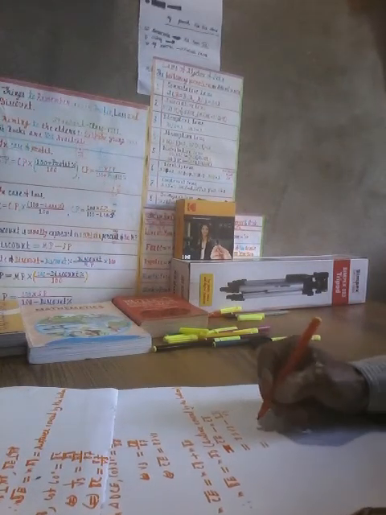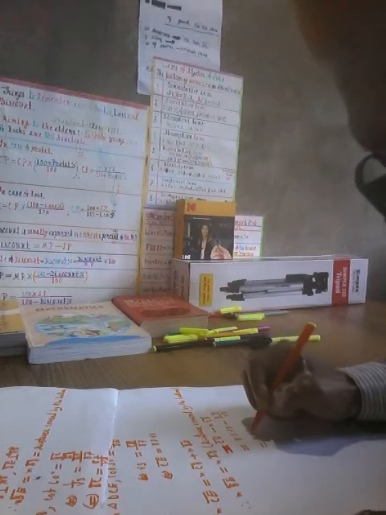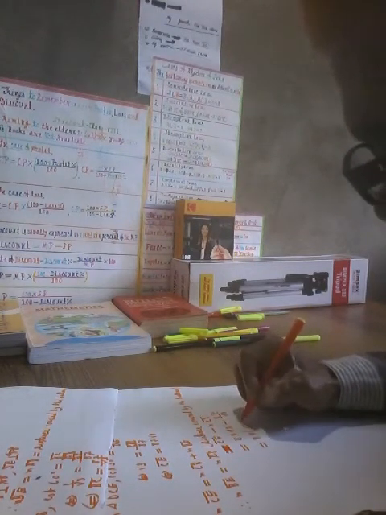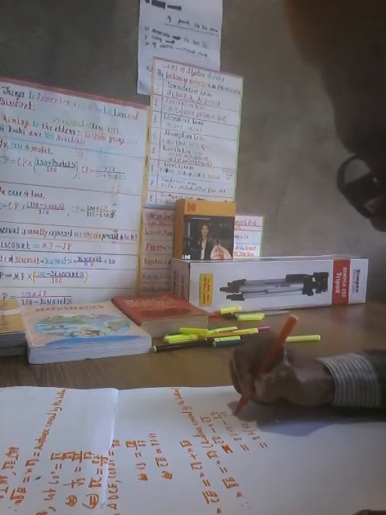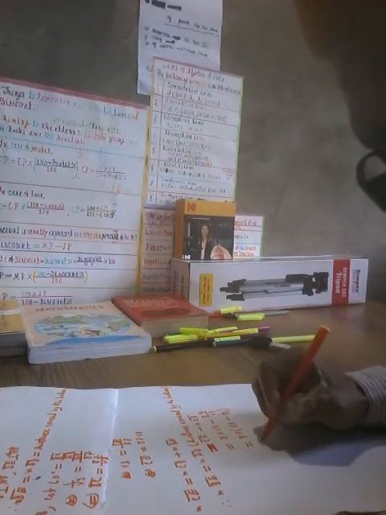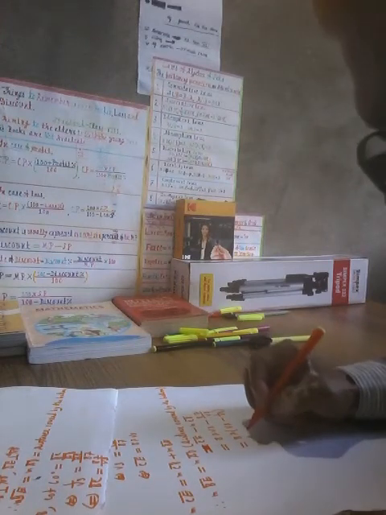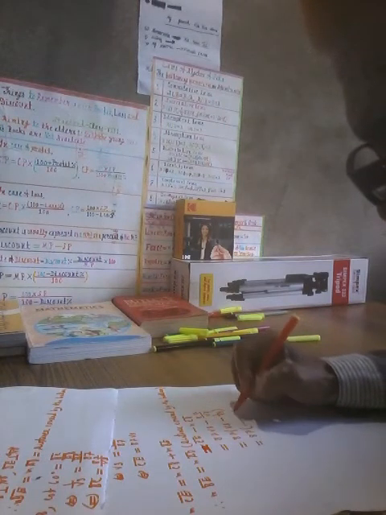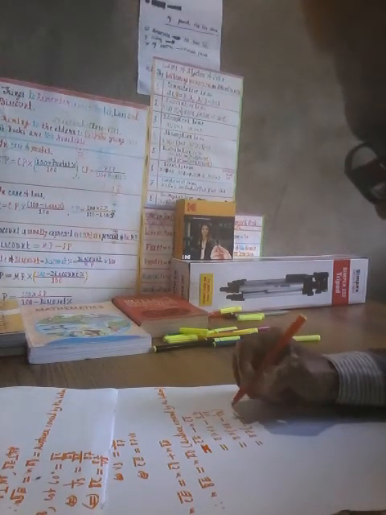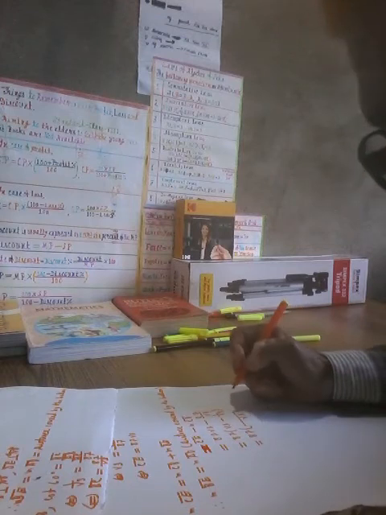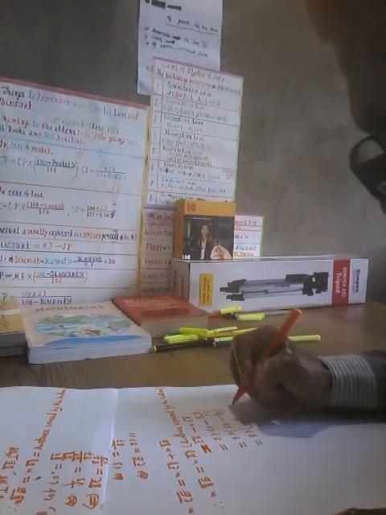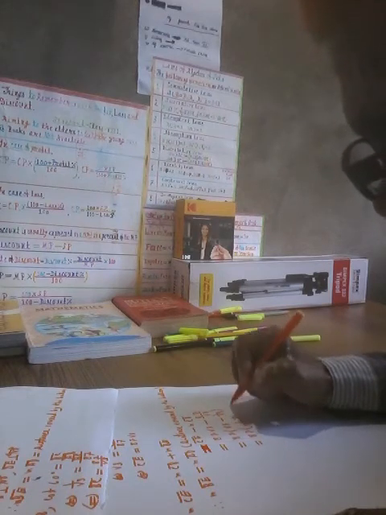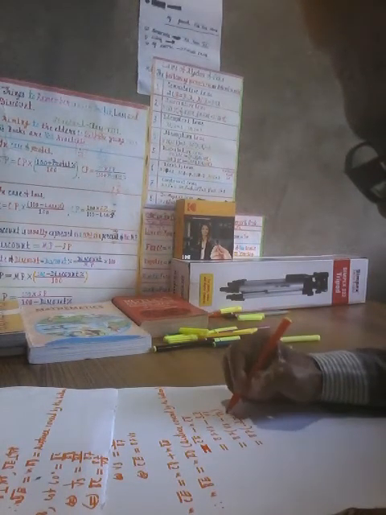This is again equal to, take 87 as common, so here will be root 3 minus 1 by root 3, is equal to 87, take LCM, root 3, so here will be 3 minus 1.